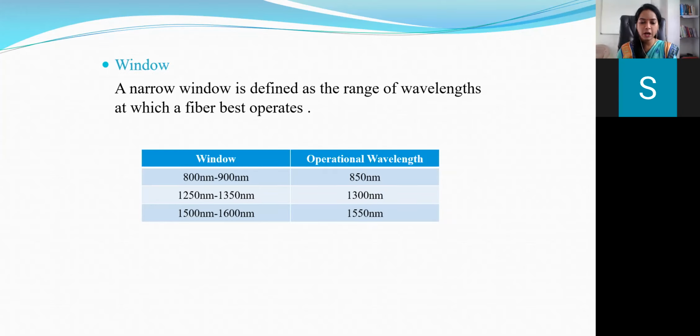It operates without losses and without dispersion, so that is called a window.